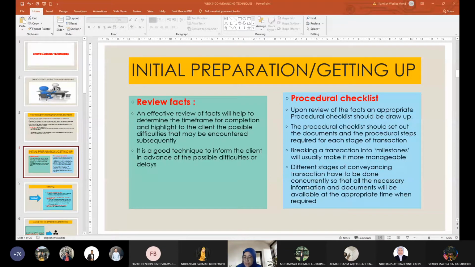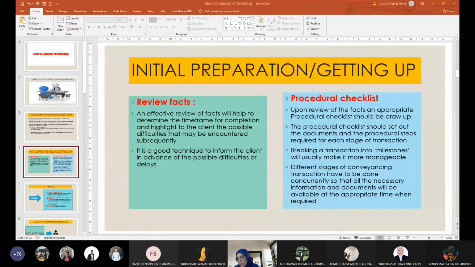Contohnya stage pertama ialah do all the searches, buat land search, buat bankruptcy search. Bukan kita tunggu yang maklumat ni dapat baru kita do the drafting. At the same time we have done the drafting. Kita tunggu maklumat yang daripada land search ni just untuk verify betul tak maklumat yang diberi oleh klien dulu tu masa interview tu sama tak dengan the latest land search and the latest bankruptcy search yang kita buat.